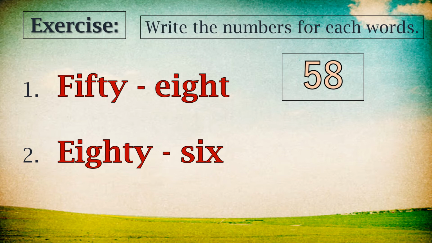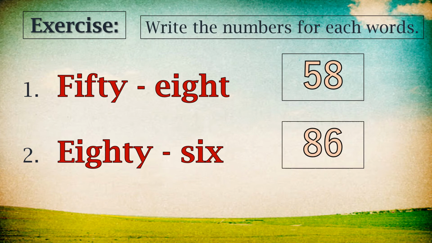Now let's proceed to number 2, 86. Do you know how to write 86? Alright, this is number 86. In number 86, how many digits are there? Good job. There are 2 digits, 8 and 6. Now kids, in number 86, which number has the greater value? Which number is bigger, 8 or 6?